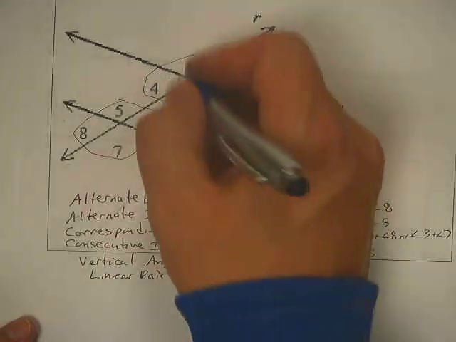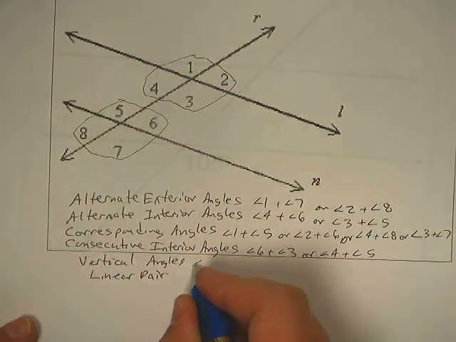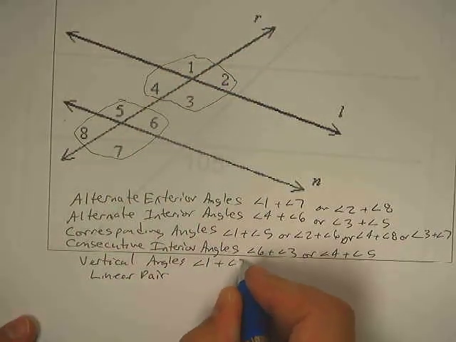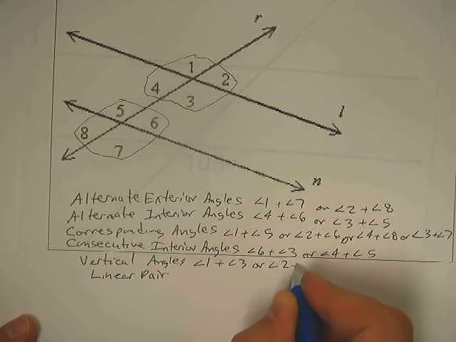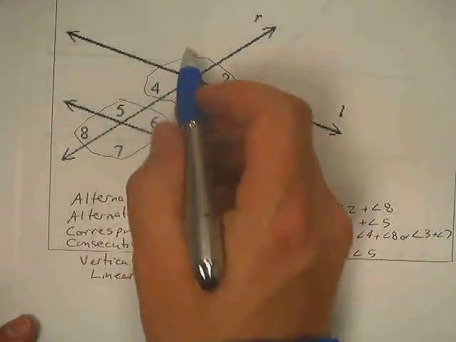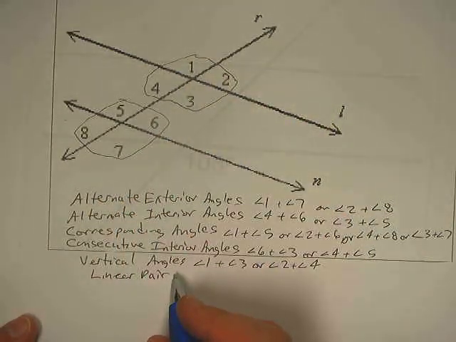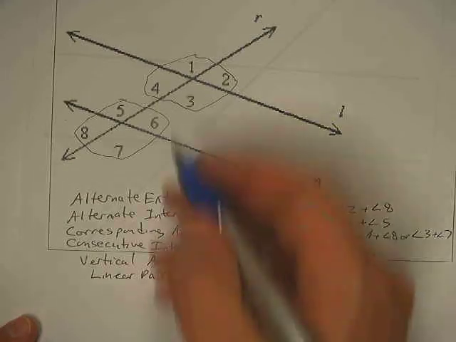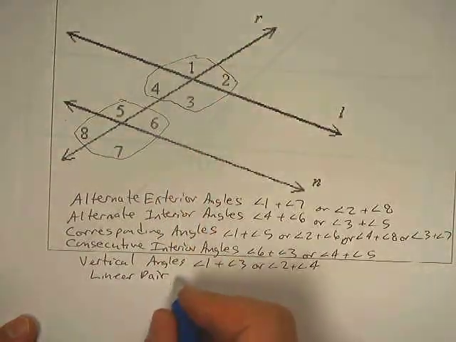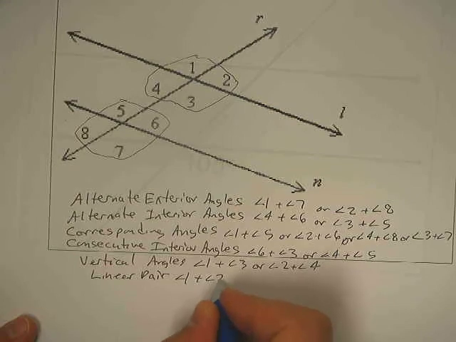Okay. Linear pair, vertical angles are next. Vertical angles are across from each other where lines intersect. So like 1 and 3, or angles 2 and 4. Okay, and then linear pair would be next to each other.